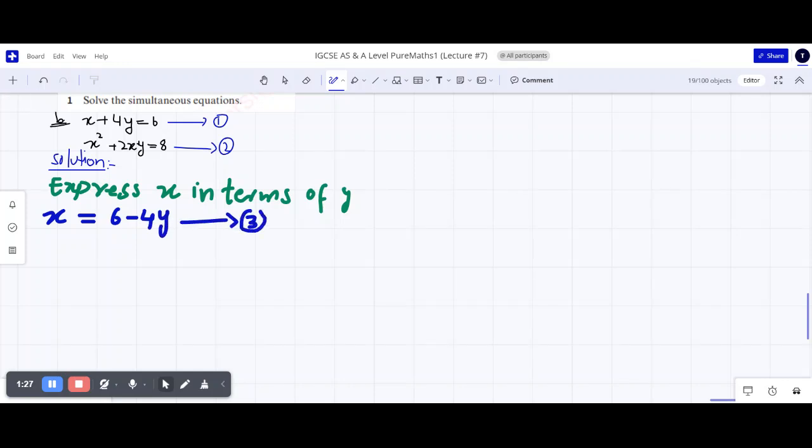Now we will substitute equation 3 into equation 2. Remember we are doing simultaneous equations by the substitution method.